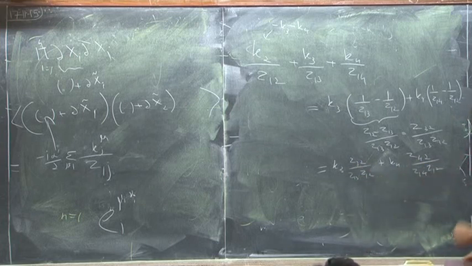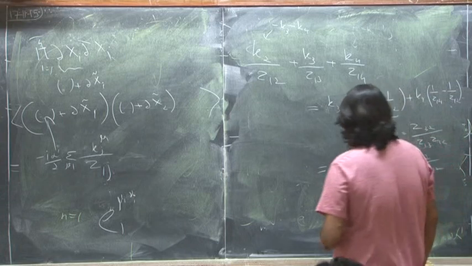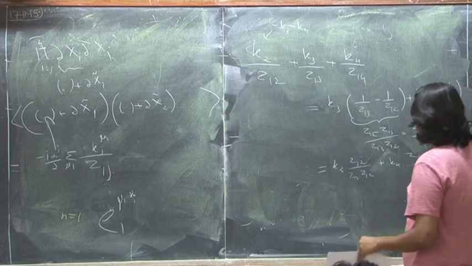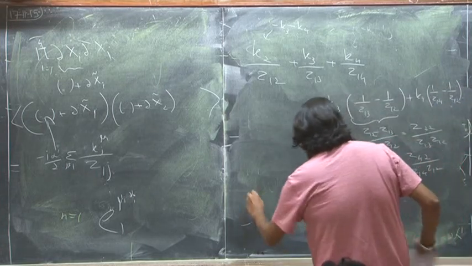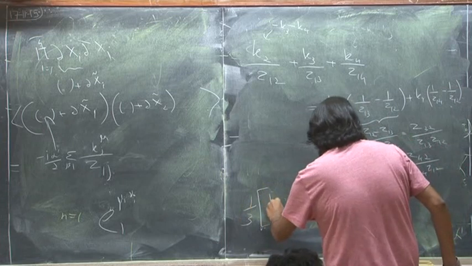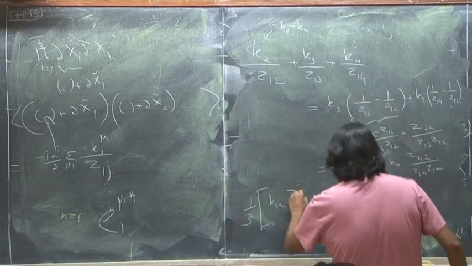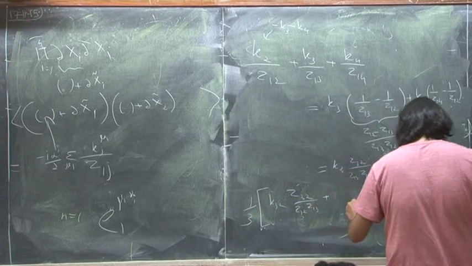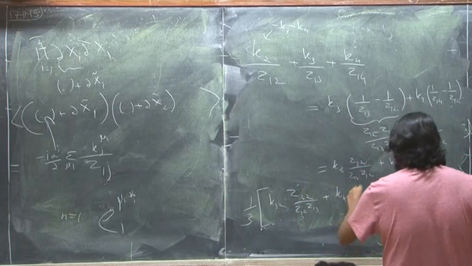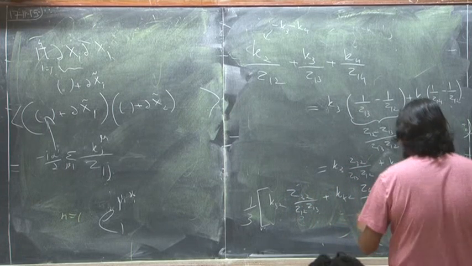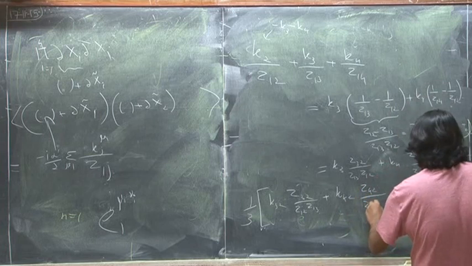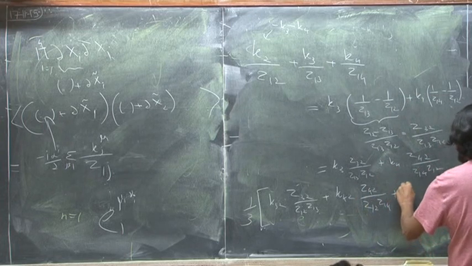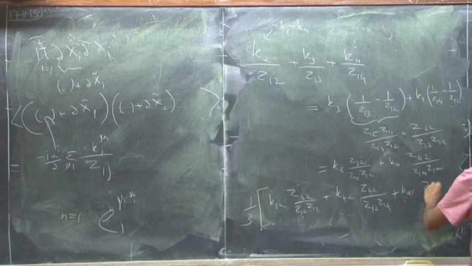Now I made you notice the pattern because now I can play the same game with K3 and K4, and basically get the answer: K32 Z32 by Z12 Z13, plus K42 Z42 by Z12 Z14, plus K43 Z43.